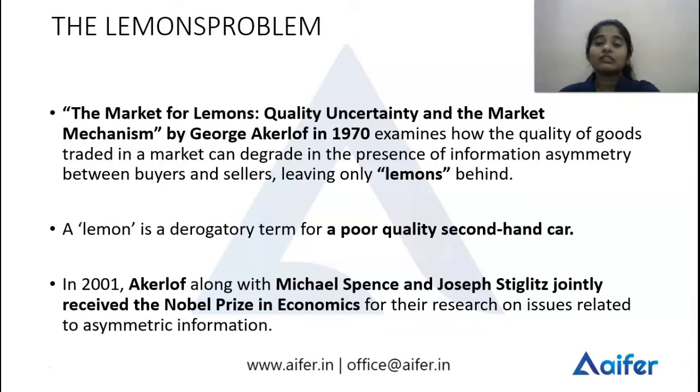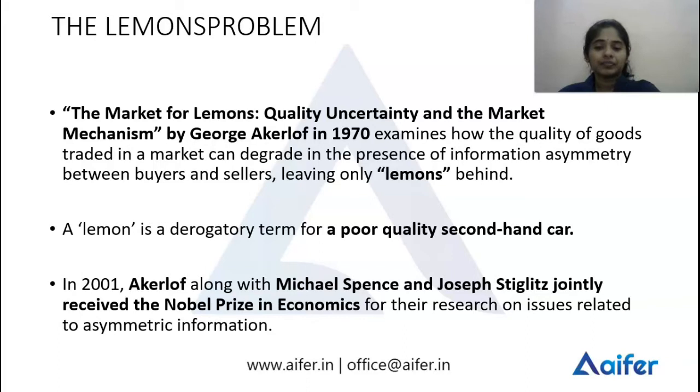Before that, you have to know that George Akerlof, along with Michael Spence and Joseph Stiglitz, jointly received the Nobel Prize in Economics in 2001, for their major research on issues related to asymmetric information, or information failure. In that 1970 paper, he dealt with this example of asymmetric information.